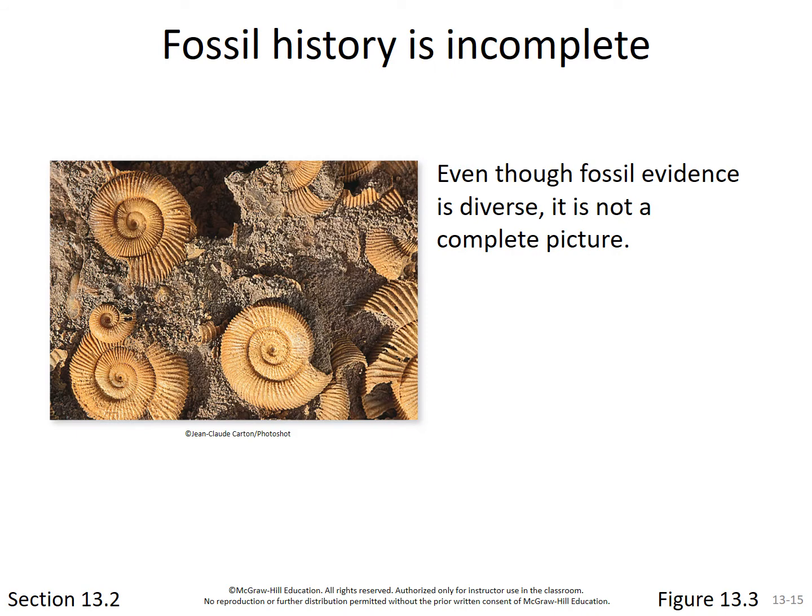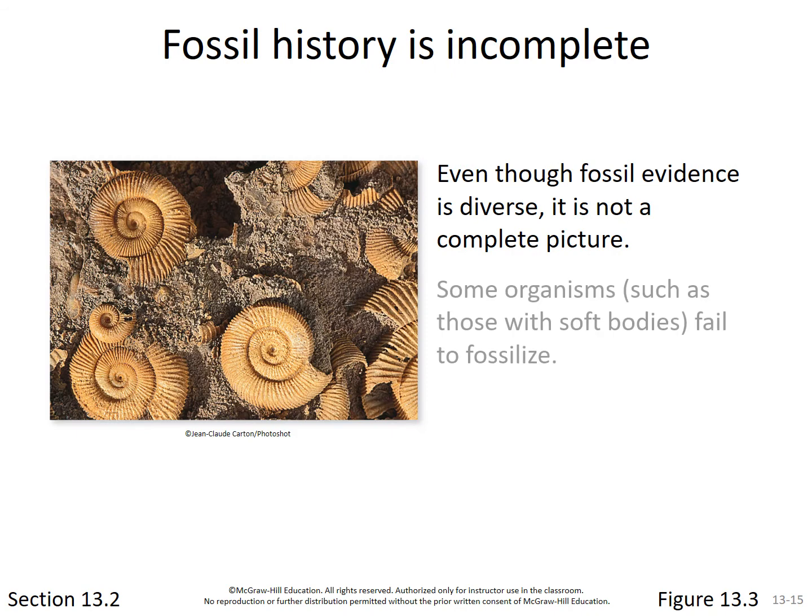So, as I said before, even though fossil evidence is diverse, it's not a complete picture because organisms with soft bodies fail to fossilize, and fossilization is actually a fairly rare phenomenon. Not all animals that die get fossilized. It's a pretty rare event, and so if you have a species that's pretty rare, perhaps none of the individuals actually get fossilized because there aren't enough of them.